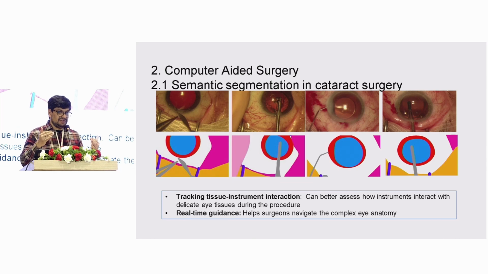If you are a surgeon doing a surgery and there is real-time feedback about the interaction between the instrument and delicate tissue, maybe that can help you follow a better procedure, or somehow be useful. Do you believe that or not? Clinicians, if you want to participate here or share your experience: if such AI tools were provided to you during such surgery, do you think it would be useful for you?